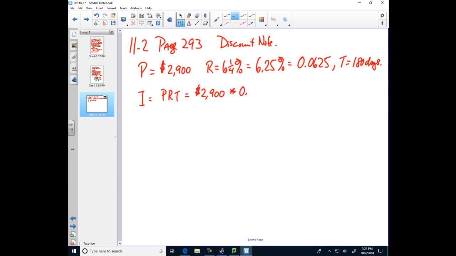The rate is 0.0625. And here we're going to have 180 days over, does it say simple interest? It doesn't, so use ordinary interest. So it'll be over 360, won't it? Those cancel out. I'm going to put those in parentheses.